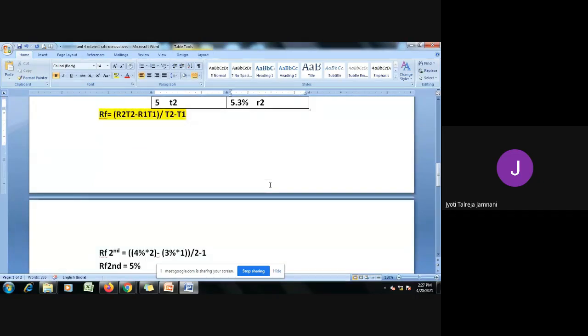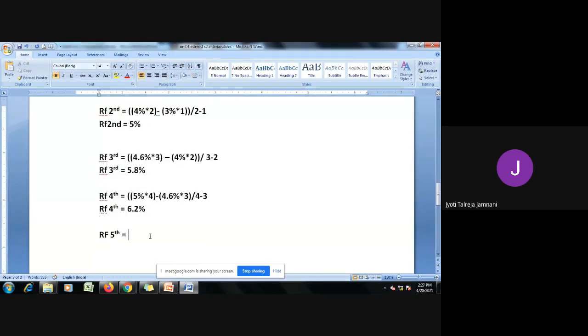So 5.3% into 5, that is fifth year, minus fourth year rate was 5% into 4, the whole divided by fifth year minus fourth year, so 5 minus 4. 6.5%, ma'am. 6.5.